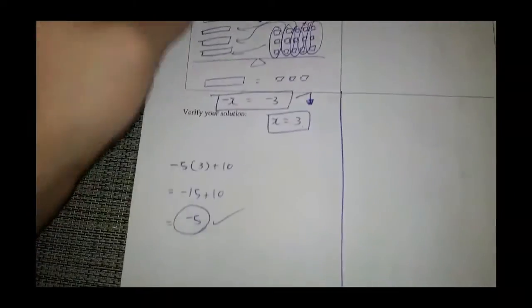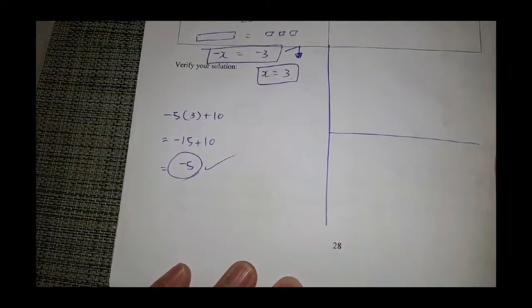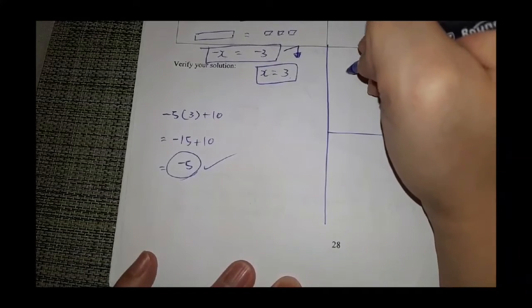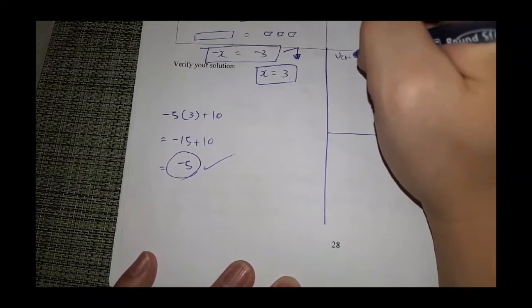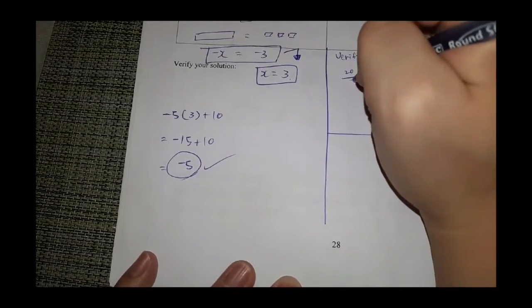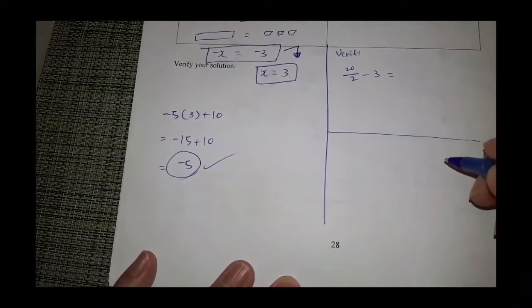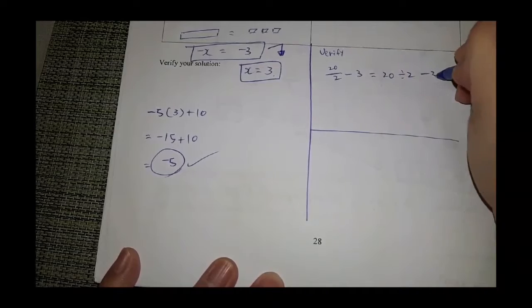Let's verify the first one over here. b is equal to 20. So b over 2 minus 3, if I substitute, is 20 over 2 minus 3, which is a fancy way of saying 20 divided by 2 minus 3.